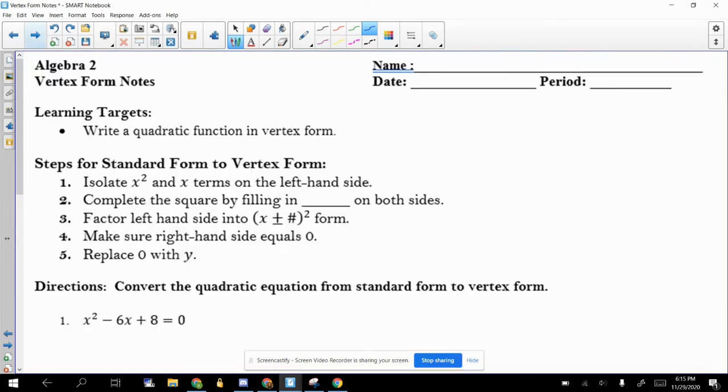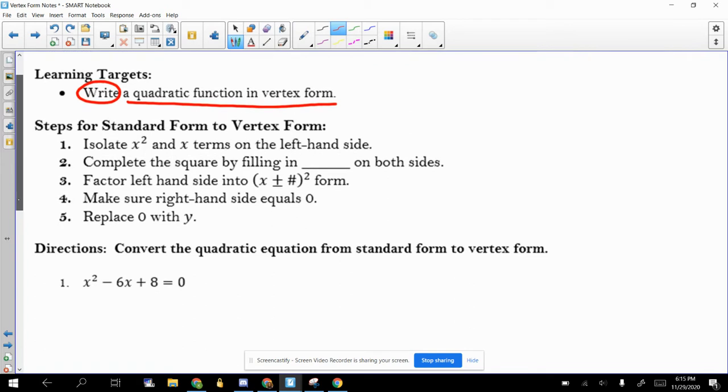So up first, this is the note sheet, okay? And it says that our learning target is that we are going to write a quadratic function in vertex form. Okay, so this is just a new form. We've talked a little bit about it. We've seen it a few times, and it's going to be helpful moving forward when we talk about transformations. Okay, and it kind of looks like this.